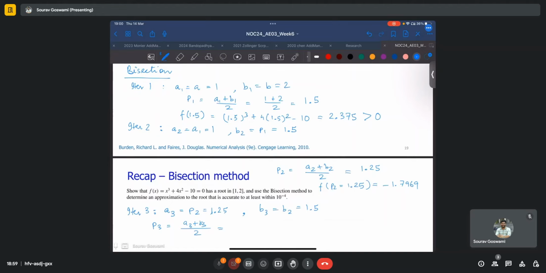1.375, is it? 1.25, 1.375. And let us also calculate the value of the function at this point. 1.375 cube plus 4 into 1.375 square minus 10 is positive 0.1621.